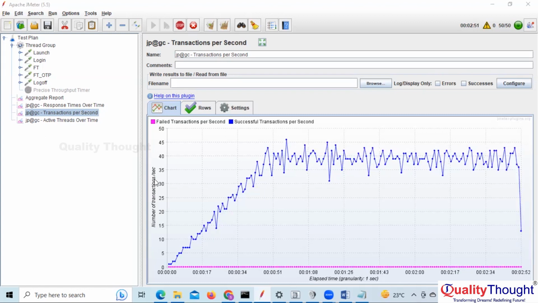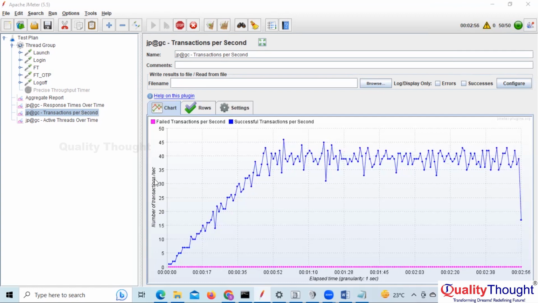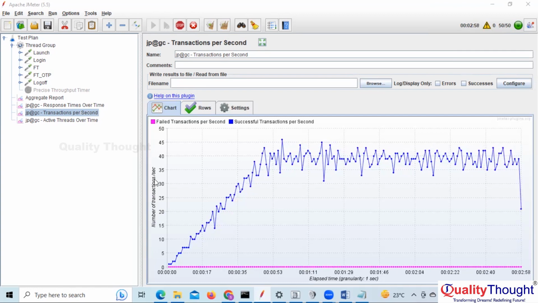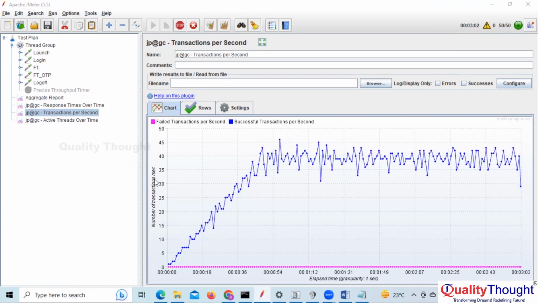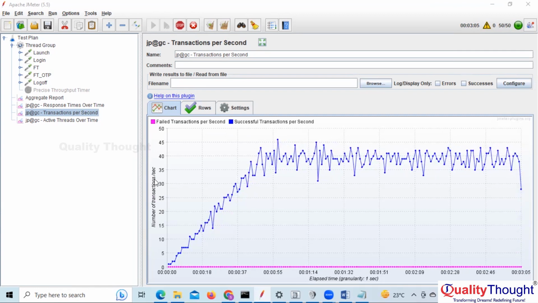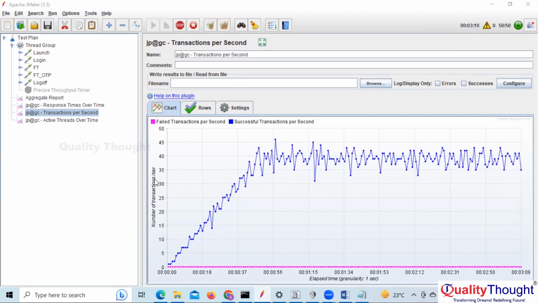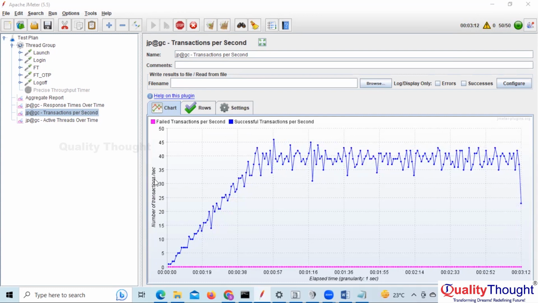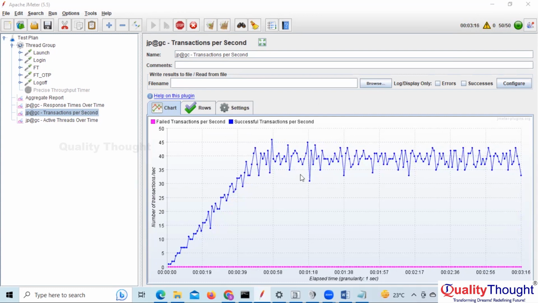I think we are using here different transactions like launch, login, different scenarios. At first scenario, we tested only one thing, like only search option, I think. Okay, I don't think that is the reason, because we are taking overall throughput here.